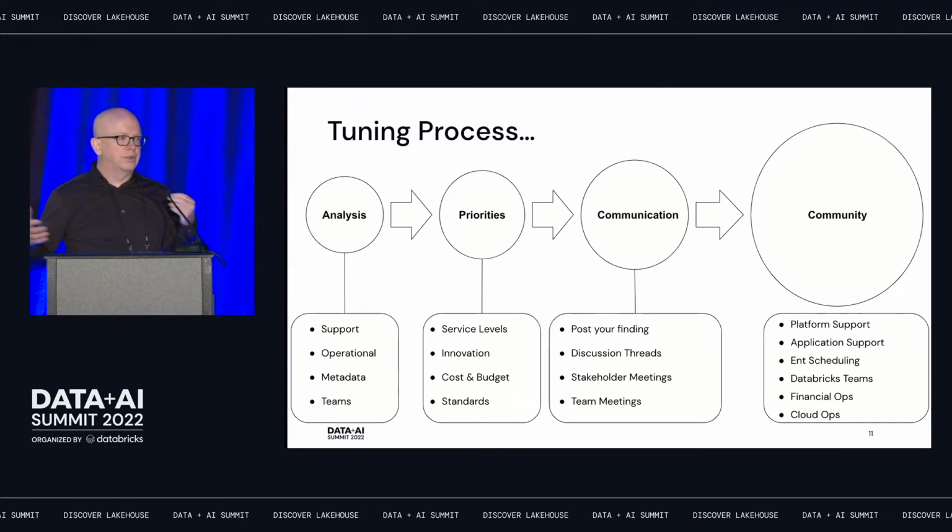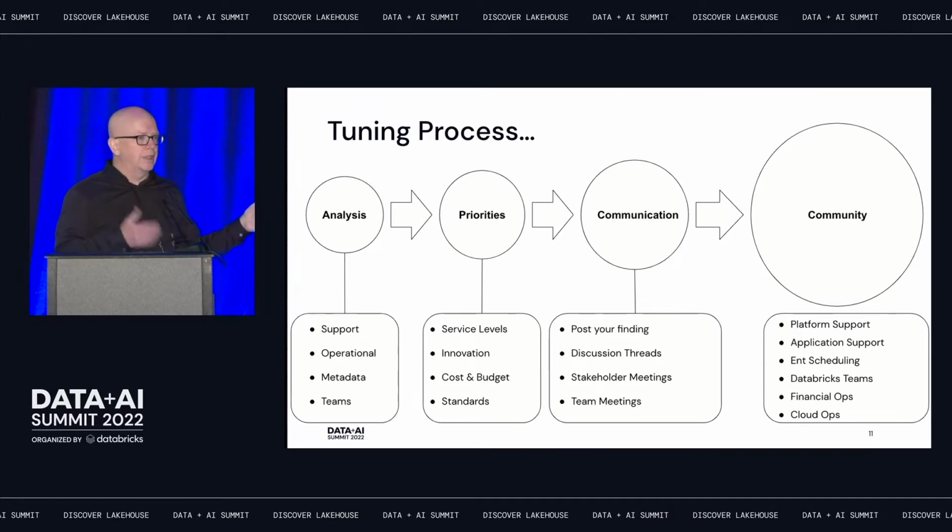You're engaging with your stakeholders in meetings to check in with them on expectations. Meetings with different teams, lunch and learns. Perhaps you're leading those. Your community is your platform, your cloud ops team, your application support teams. You want to make sure that they are well informed in heading off performance issues early on.